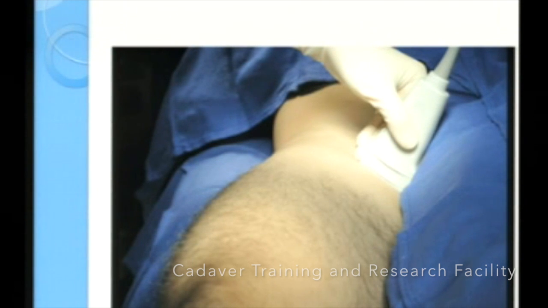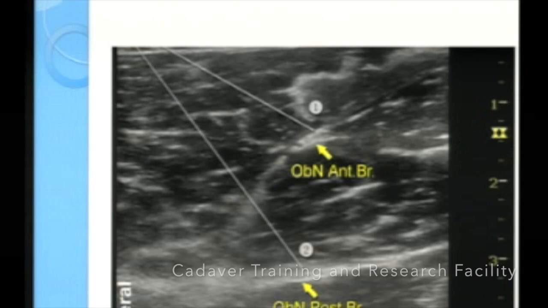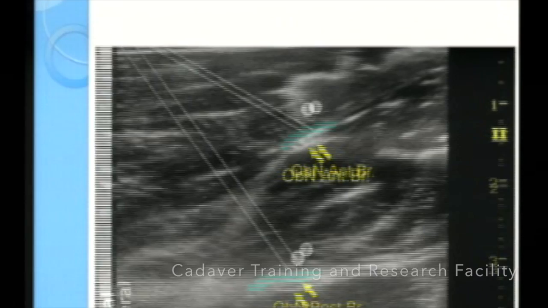Keep the probe in the adductor compartment, more medial than the position for a femoral nerve block, in the most medial position, and this is how you put the in-plane block. This is the pectineus muscle, adductor longus, adductor brevis and adductor magnus. These shiny interfascial compartments are where the anterior branch of the obturator nerve lies, and this is where the posterior division lies.